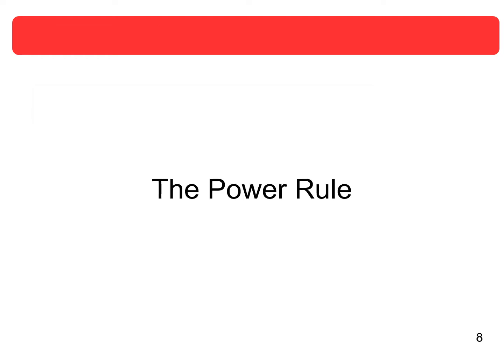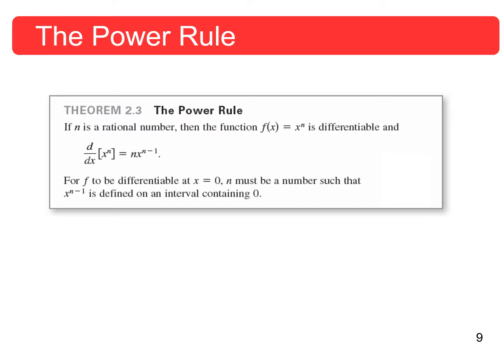Next is the power rule. The power rule is given by this theorem here. If n is a rational number, then the function f of x equal to x to the n is differentiable, and the derivative with respect to x of x to the n is equal to n times x to the n minus 1.